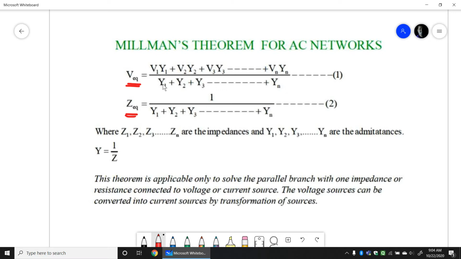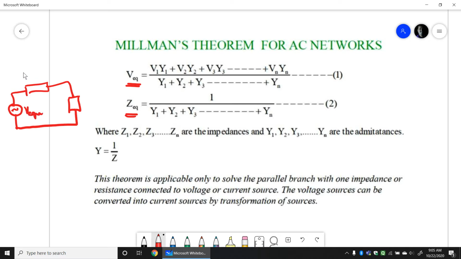Z equivalent equals 1 over Y1 plus Y2 plus Y3 and so on plus Yn. We use these two formulas to find V equivalent and Z equivalent, and then draw a circuit with V equivalent and Z equivalent in series with ZL.